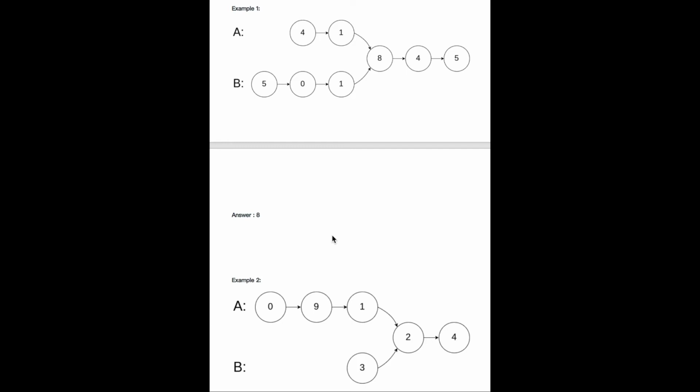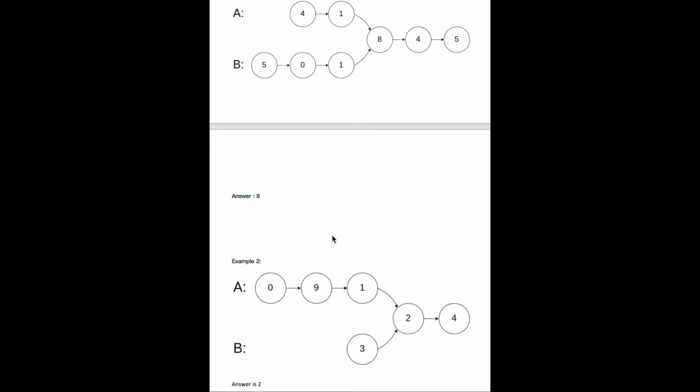So in this example 1, the first list is 4, 1, 8, 4 and 5, and the next list is 5, 0, 1, 8, 4 and 5. So what we need to do is move the pointer of B. First we find the length of both the lists, the first list being 5 and the second list being 6.